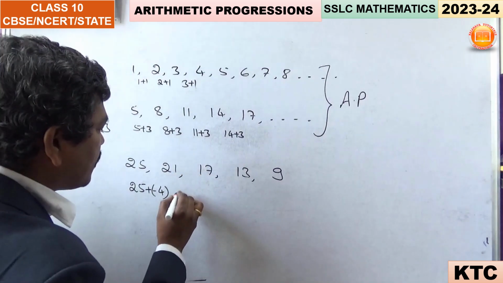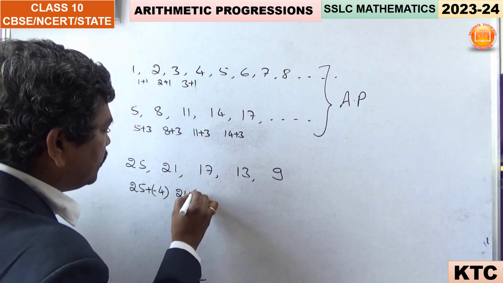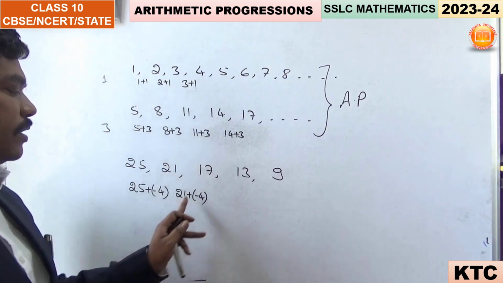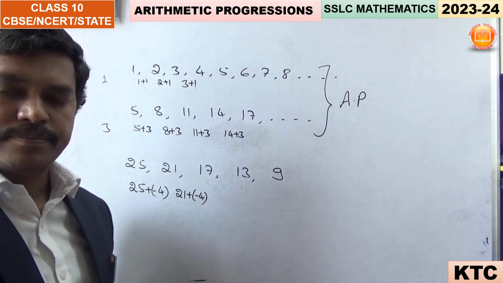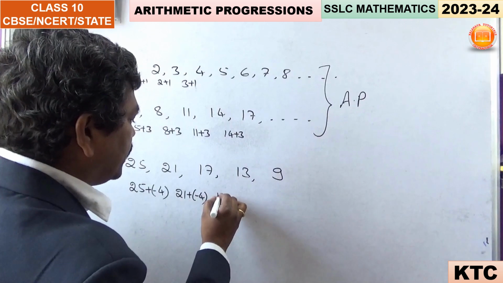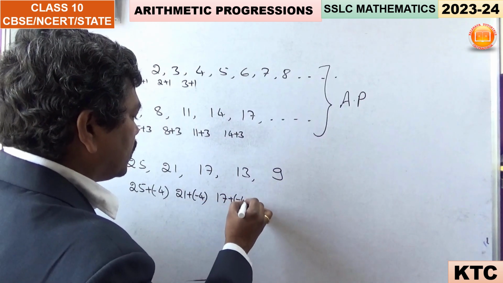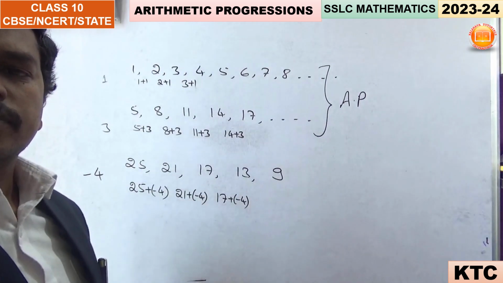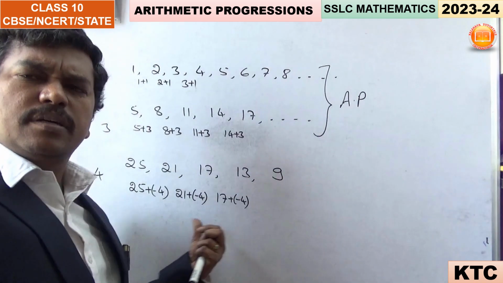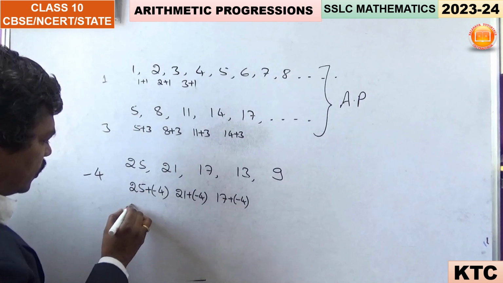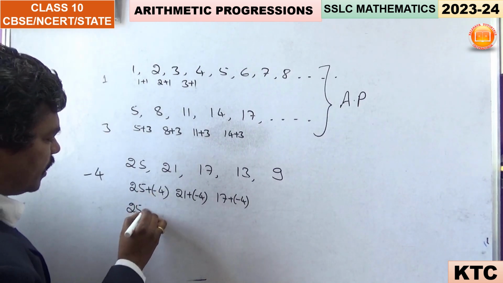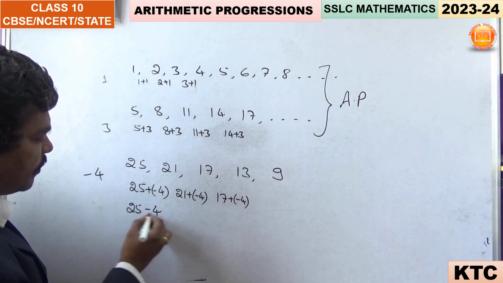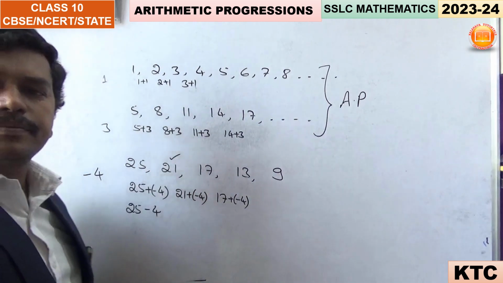For 21, you add -4, you get 17. And for getting 13, you add -4 also. Here, -4 is the fixed term. You ask, how do you get this number, sir? You observe here, 25 plus -4, 25 minus 4 is 21.